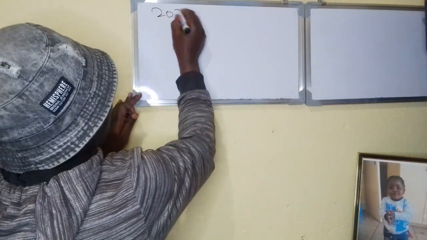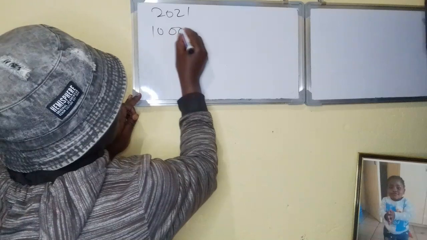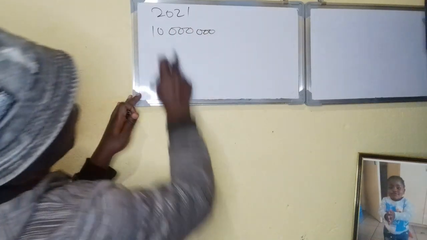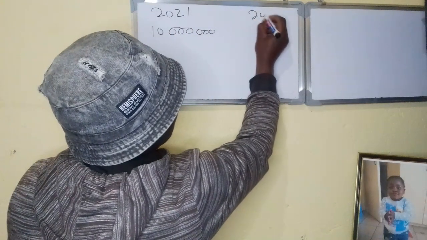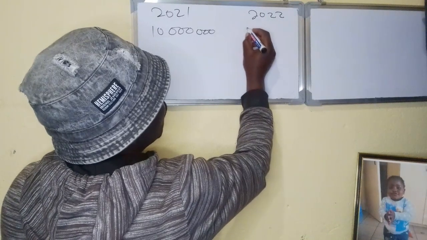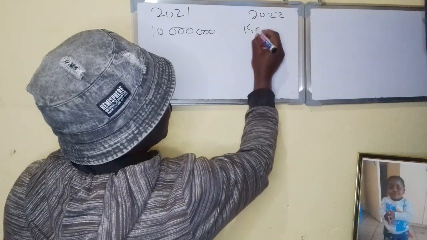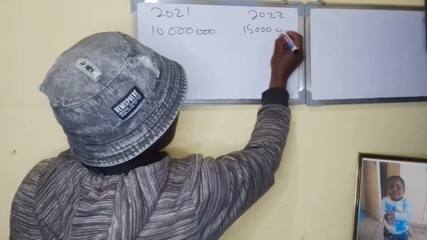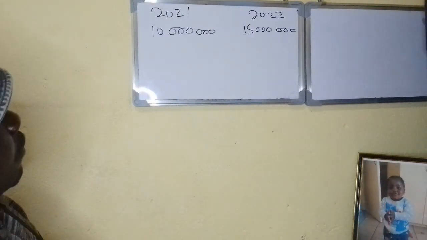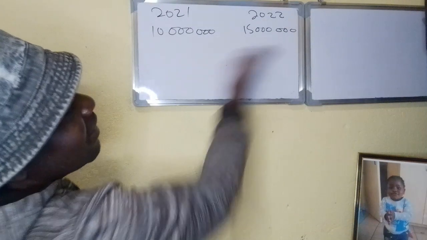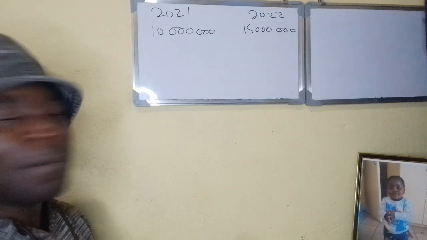Quickly. You have 2021, we have 10 million worth of GDP. And then you have 2022, you have 15 million worth of GDP. By how much percentage did it grow? It's very simple, guys.